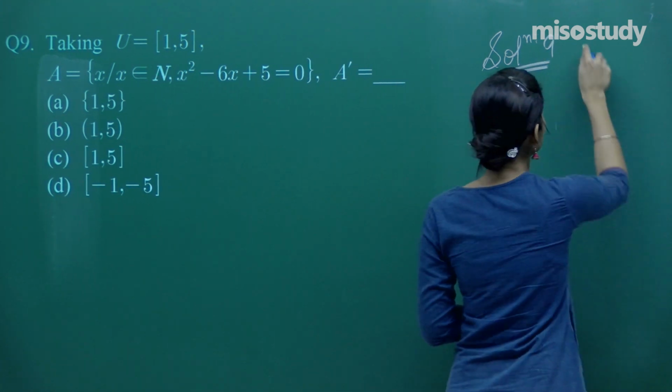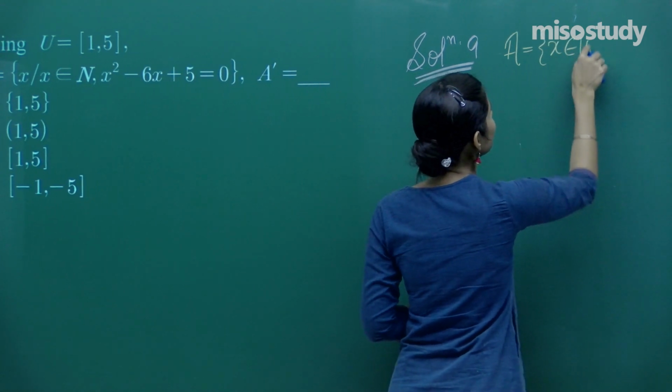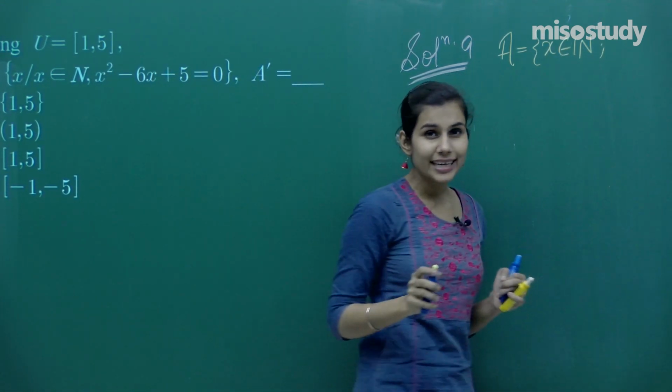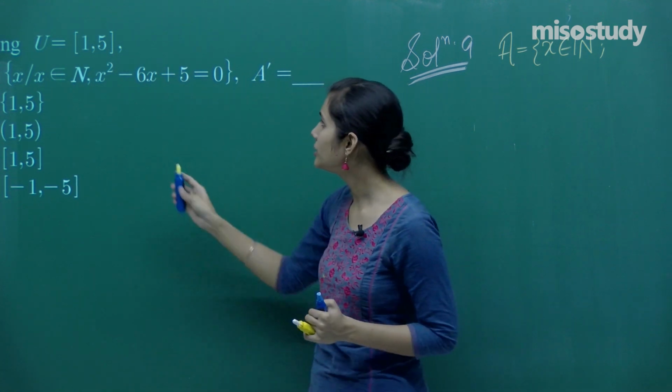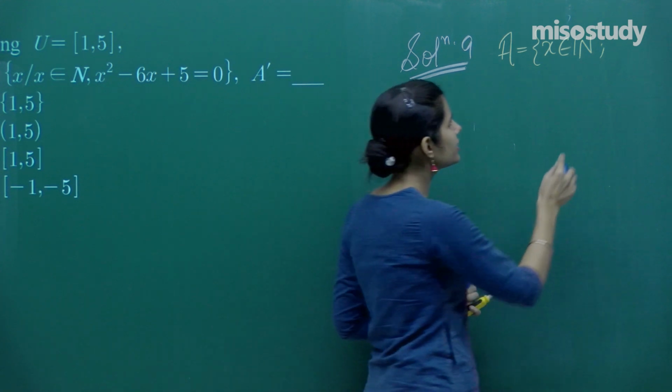Let me write my set A, which is collection of all the natural numbers which satisfy the quadratic equation x square minus 6x plus 5 equals 0.